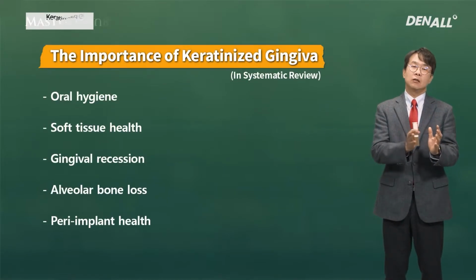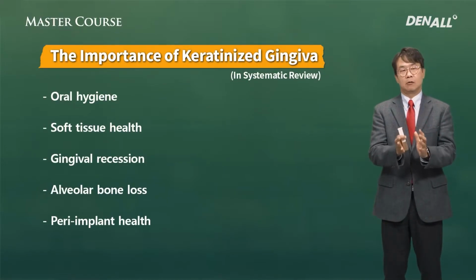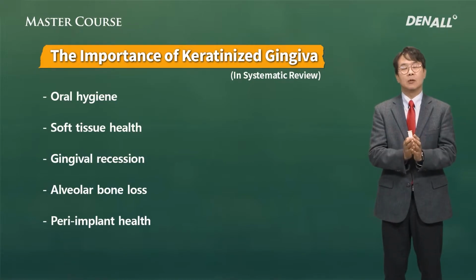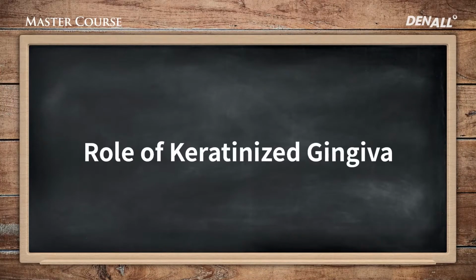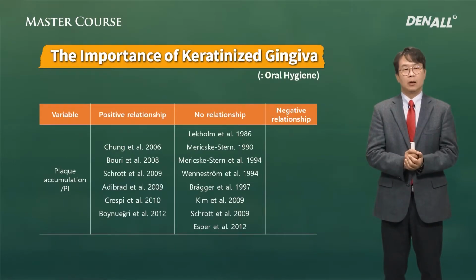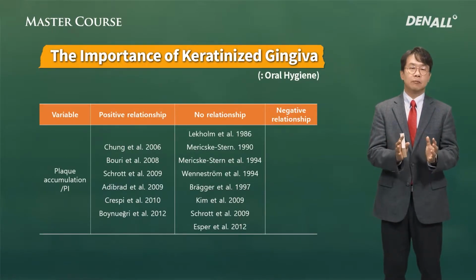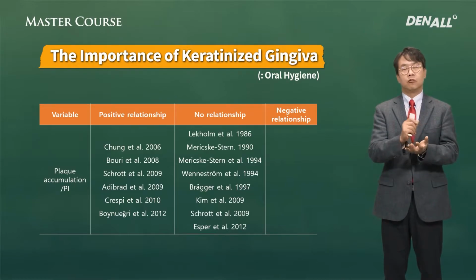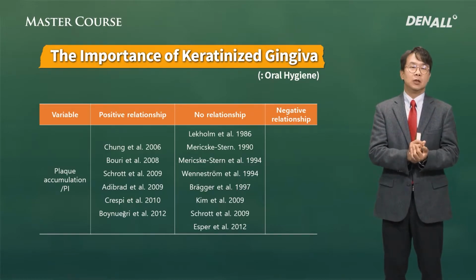The importance of keratinized gingiva, as I said before, let's have a look at it from 5 different perspectives. First, in terms of oral hygiene, the importance of keratinized gingiva.